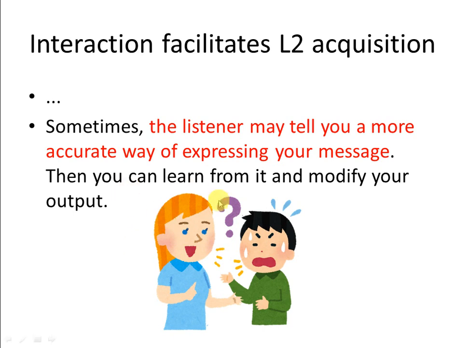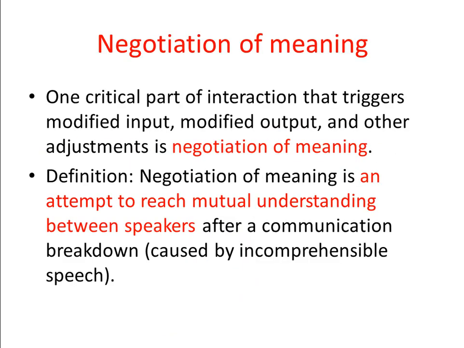And then you can learn from it and modify your output. So in this case, interaction results in the facilitation of second language acquisition. So interaction is helpful for your second language acquisition. This is what many researchers believe.